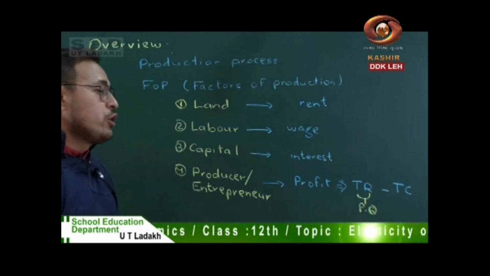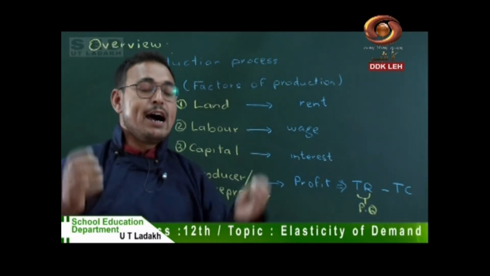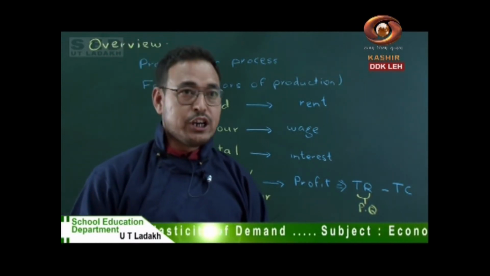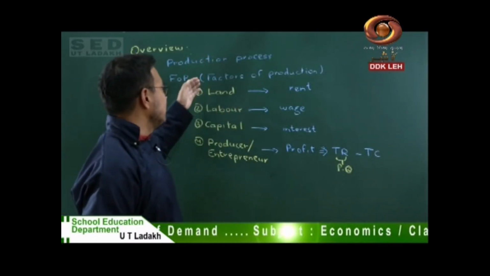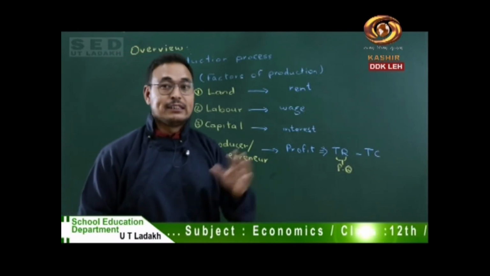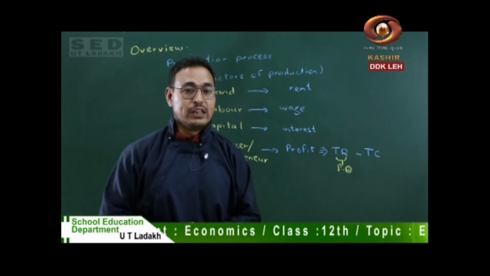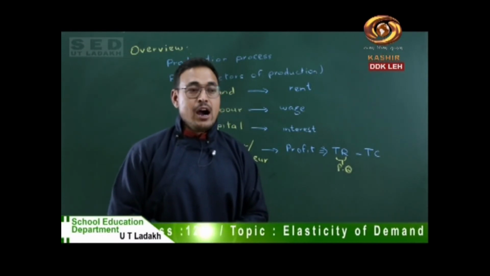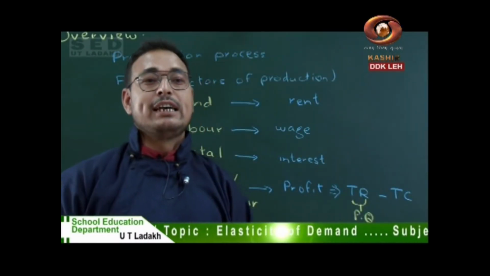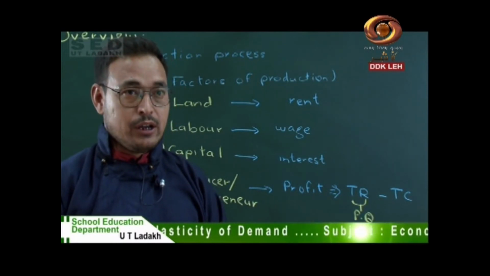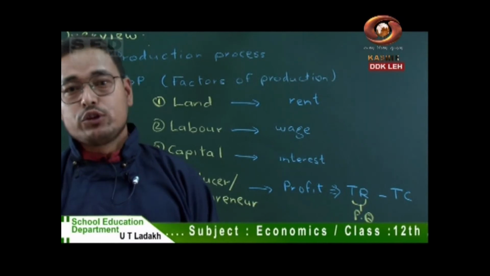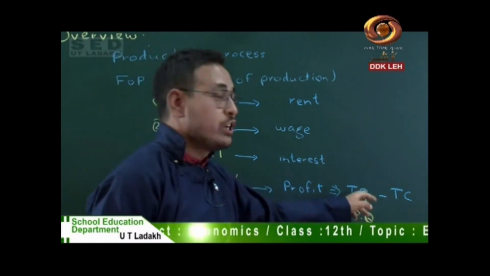Now in this production process, simply at a higher level, we see that a producer will undertake production by utilizing land, labor and capital. There is an element of risk also that he is undertaking, for which he is getting profit in return. After production, he will sell that product in the market through some channels, and he will generate some revenue, which is the total revenue.